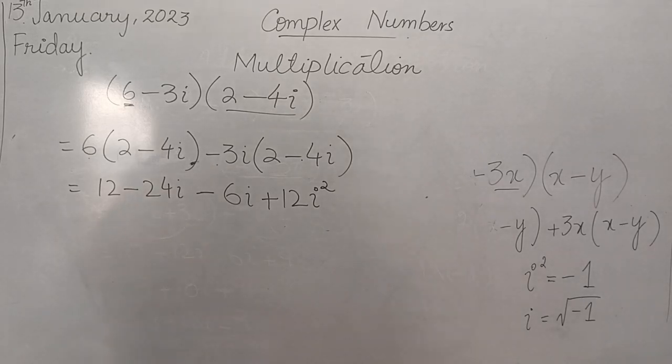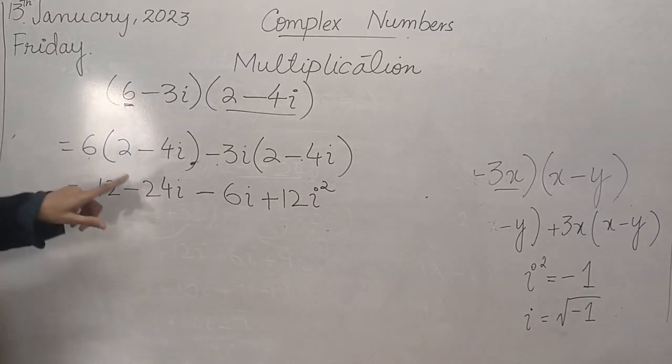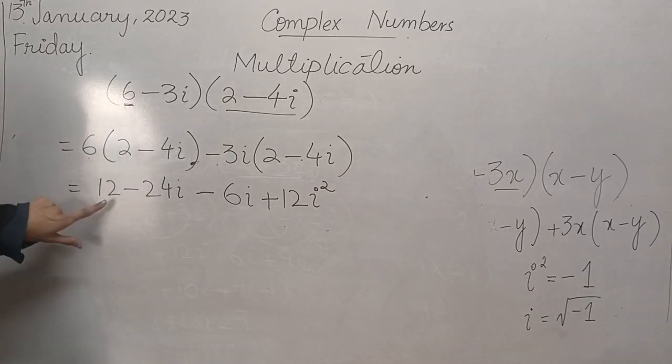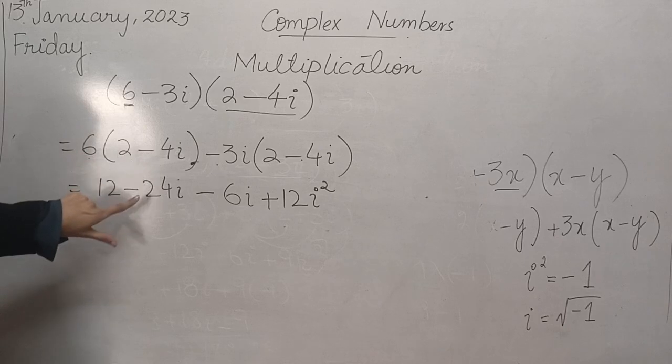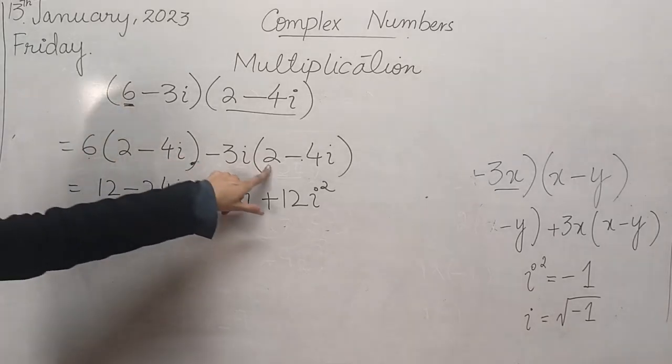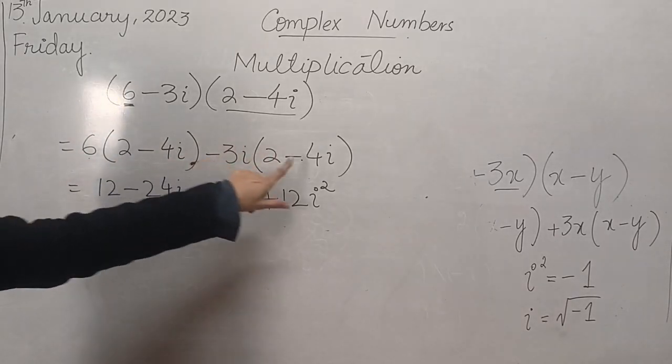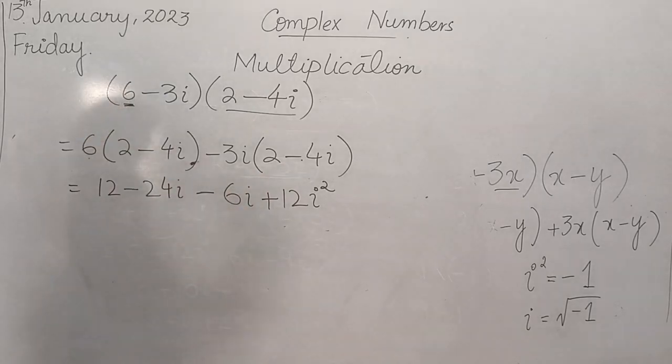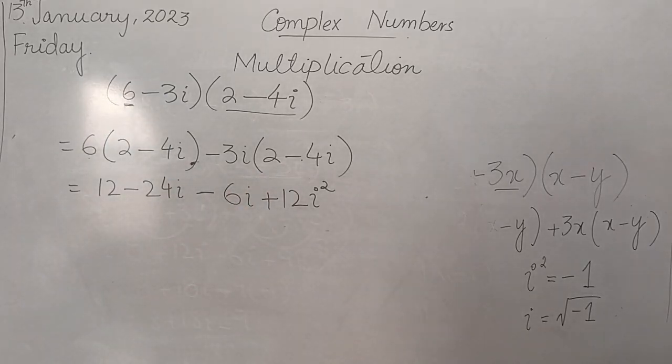Another important thing is signs. Do not ignore the signs. Plus plus is plus, plus minus is minus, minus plus is minus, minus minus is plus. When we have same signs, minus minus or plus plus, we will add, and when we have opposite signs, we will subtract.